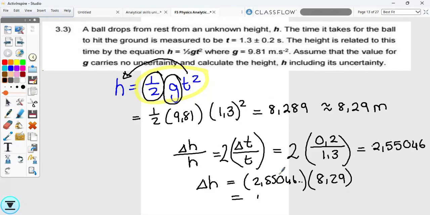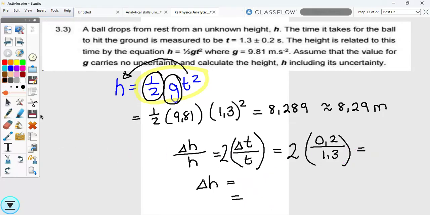Did you already multiply it by 2? So let's fix. We could jump straight into the absolute uncertainty.